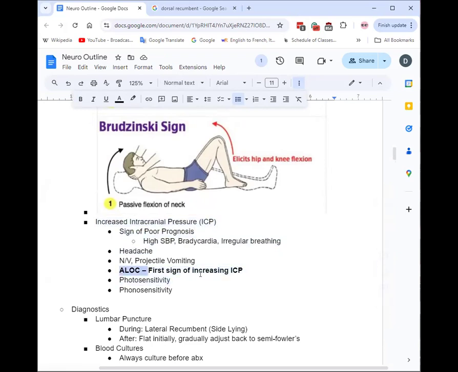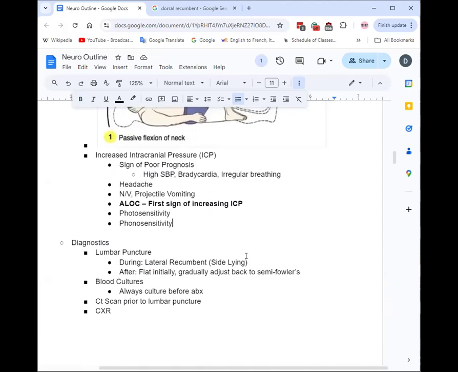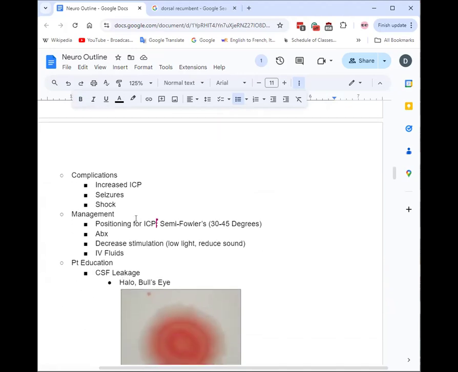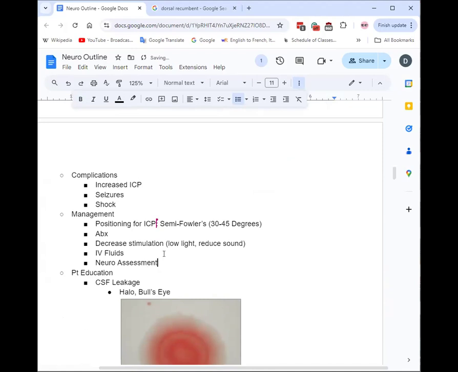This is going to be the first sign you'll see, so that's one of the main things you're going to be looking out for. PERRLA, yeah, like pupils, that's part of your neuro assessment. So you're going to be doing neuro assessments. Do you get told how often? If not, I think every hour makes sense for the patient.